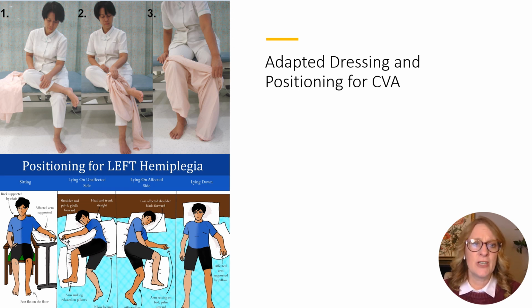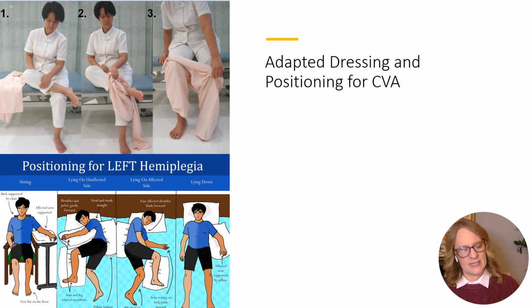Just thinking about dressing, when you're using a hemiplegic dressing strategy it's kind of easy. You're always going to don, DONN, so put on the affected side first, and you're always going to doff, DOFF, the affected side last. And so that's just a really simple way to remember it.